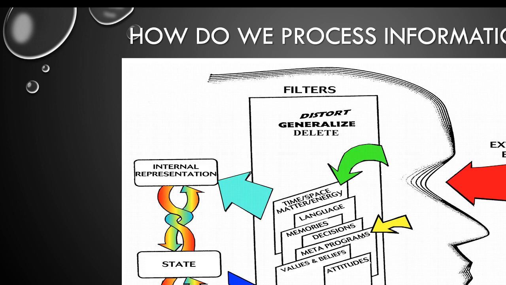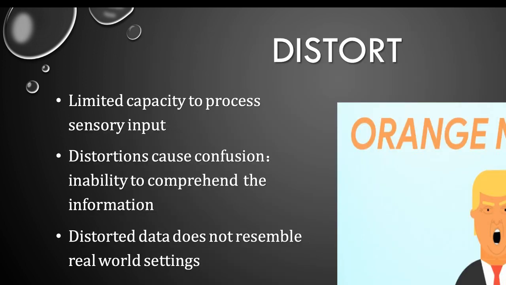Okay, so let's now move on to these three filters, and we will start with the distortion part first. Distortion sounds like exactly what it is. You distort, you change the situation from what it is to what you perceive it as based on the filters that you've applied.